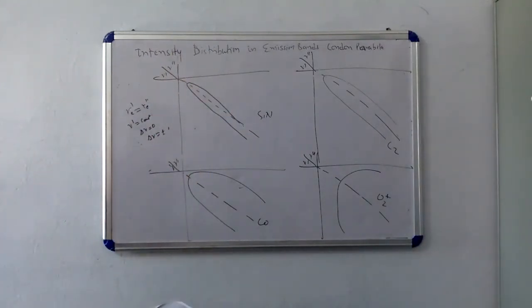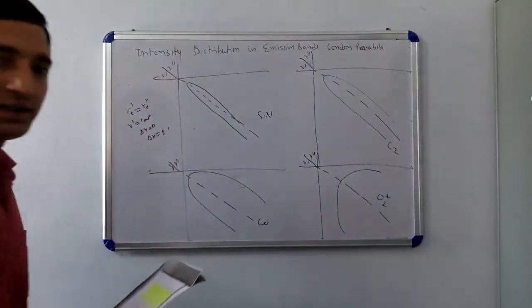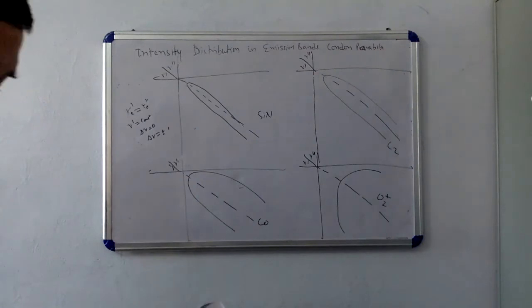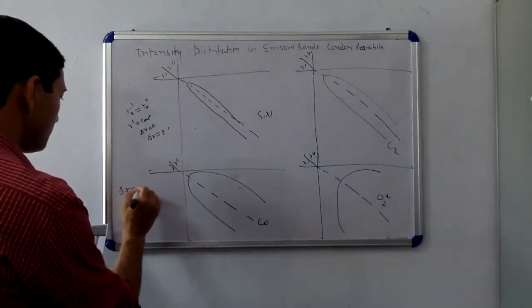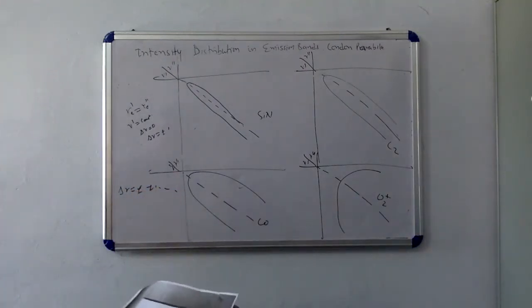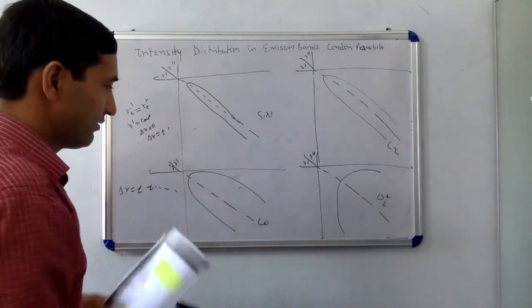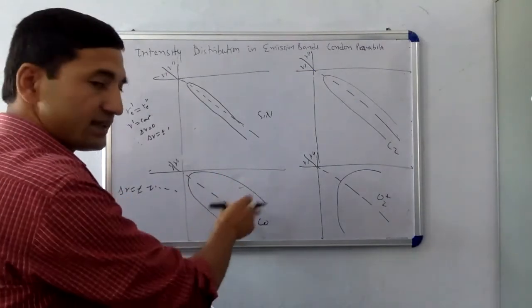On the other hand, in the case of C2 and CO, delta nu equal to 0 appears again as the Deslandres diagonal, while in the neighborhood of it, delta nu equal to plus minus 1, plus minus 2, a larger number of bands are detectable, and these are obviously not symmetric.